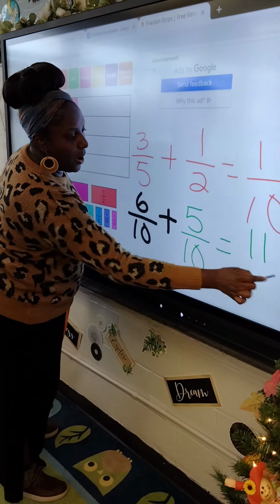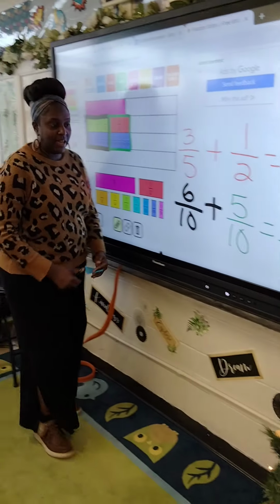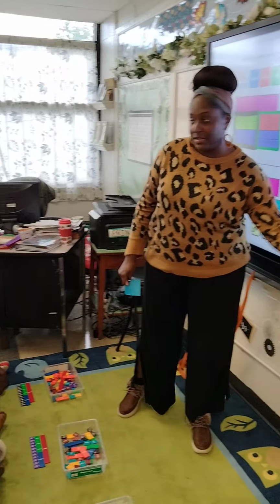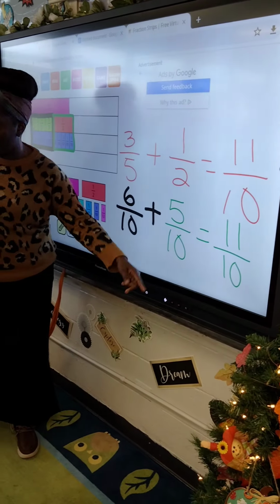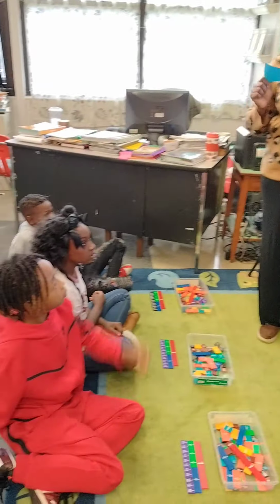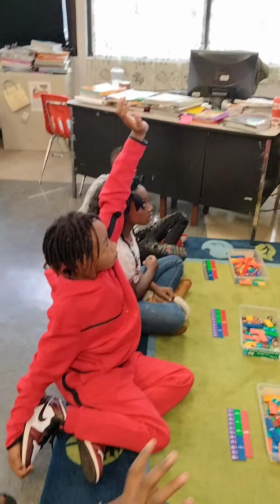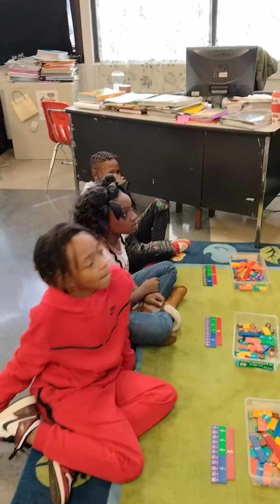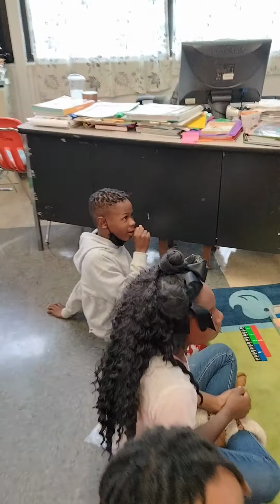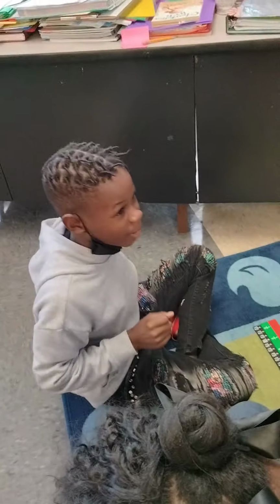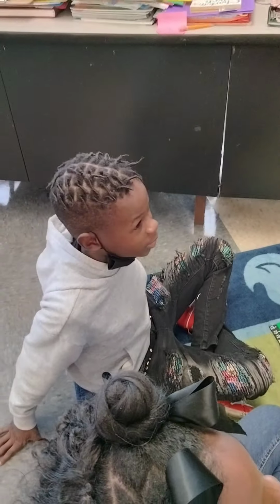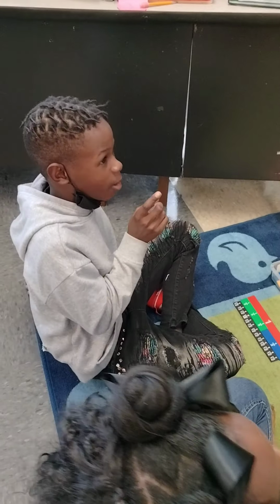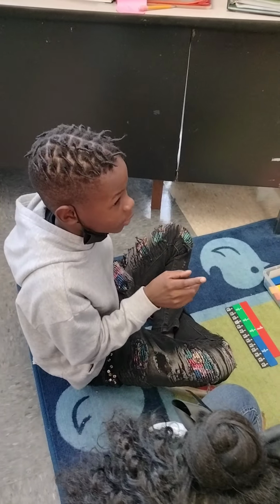And that answer is supposed to be 11 tenths. Now, do we see how they got 11 tenths once we make these equivalent fractions? How do we see that? Because 6 plus 5 is 11.